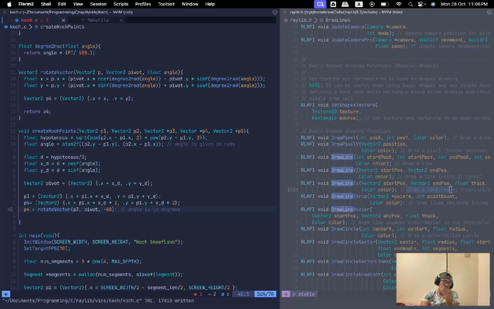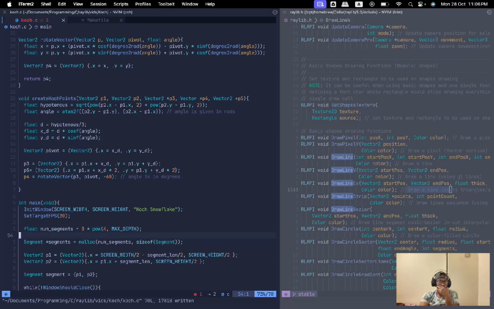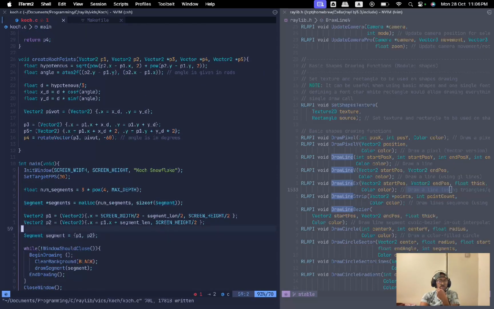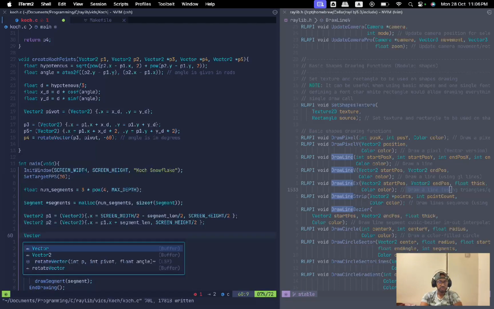Okay. What I'm trying to do is, for example here, I create vector 2 p3 p4 p5.